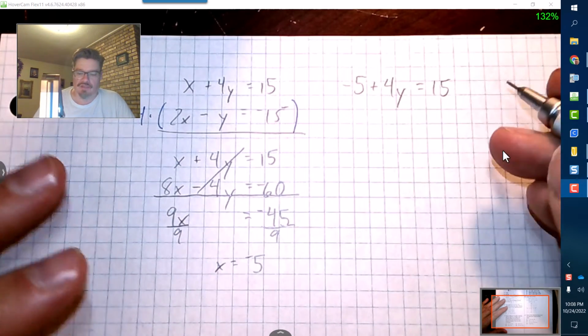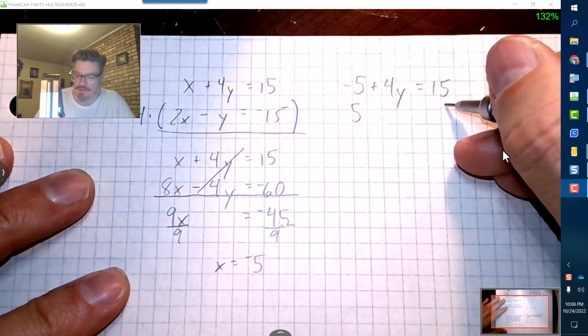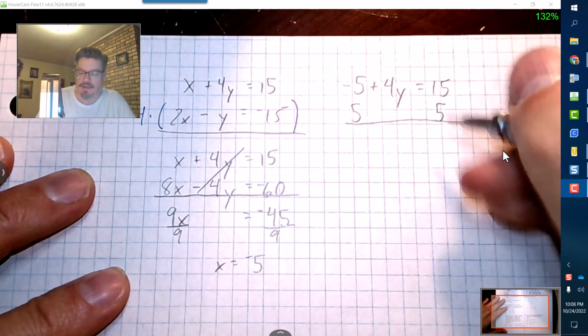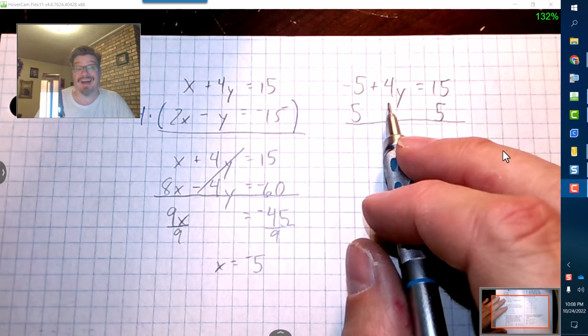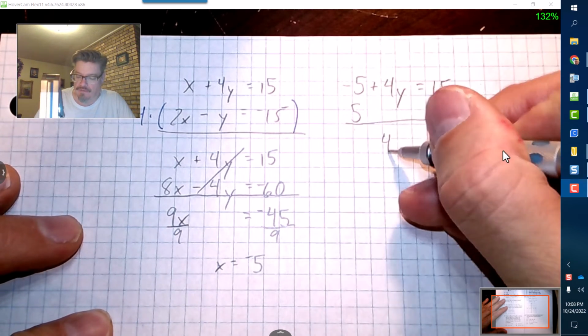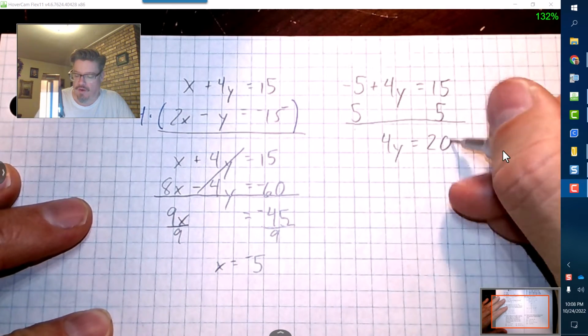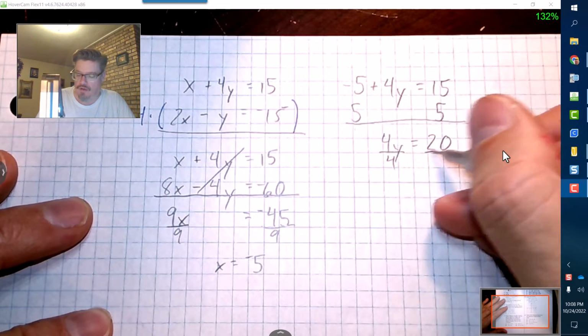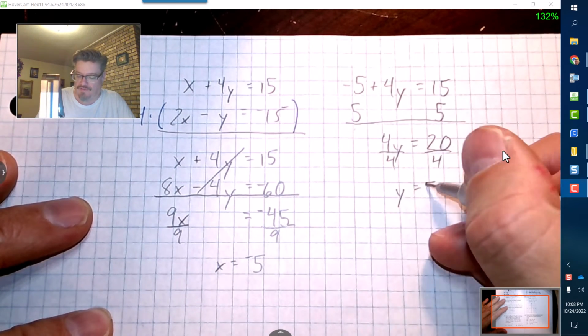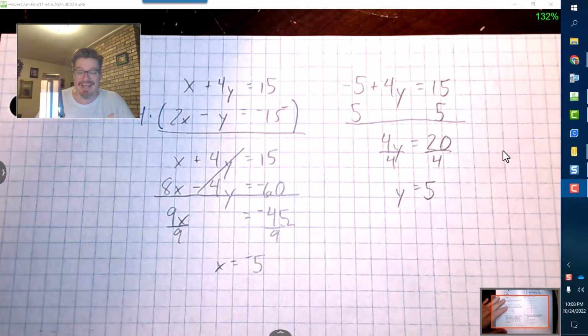And here's just a two-step equation that I'm sure you've already done 1,000 of these in your life. Got to add 5 to both sides because remember we want to isolate y. So here's 4y. That's going to equal 20. Divide both sides by 4, and we have y equals 5. Okay, so put it together.